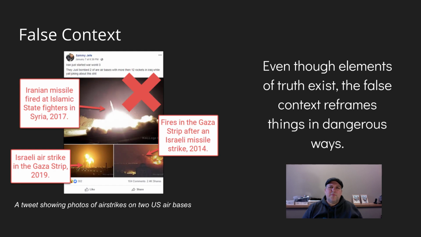A more recent example was with the January 8th bombing of the U.S. air bases in Iraq. This image does show actual pictures of airstrikes, but not of the January 8th bombing of U.S. air bases. So yes, Iran did fire on 2 U.S. air bases in Iraq on January 18th, but these pictures might reframe it in a more dangerous way.